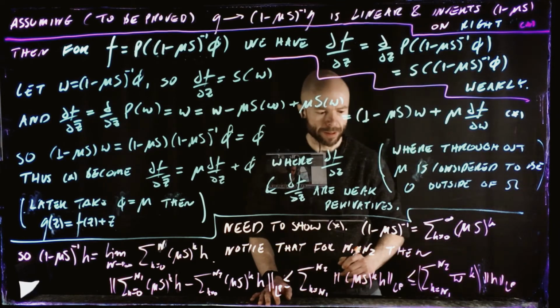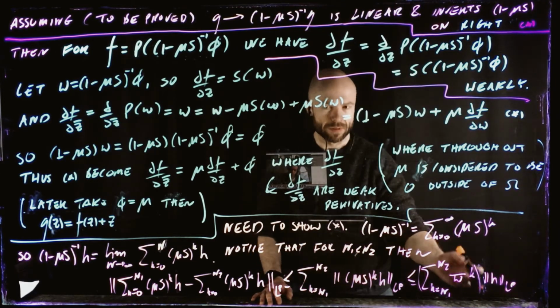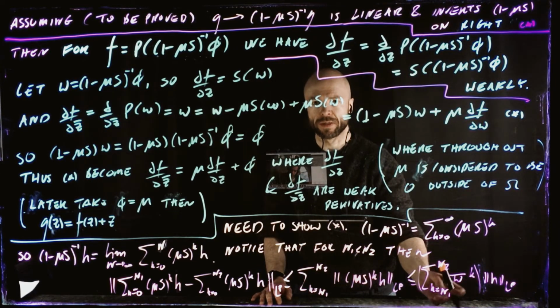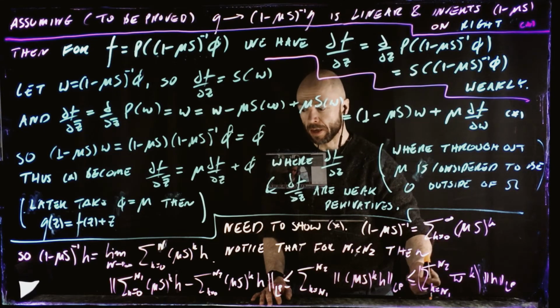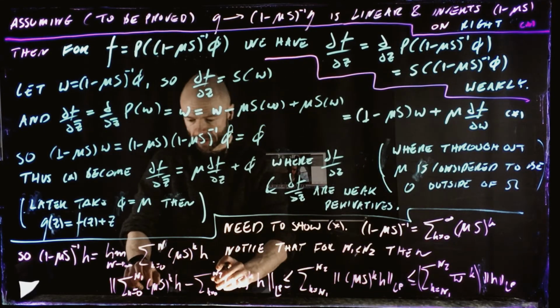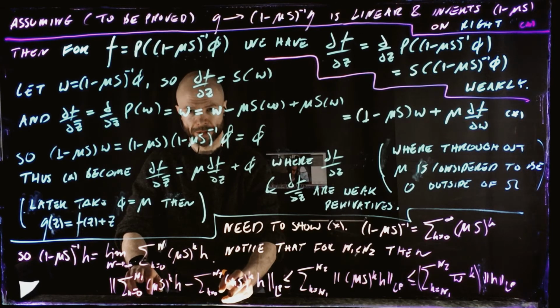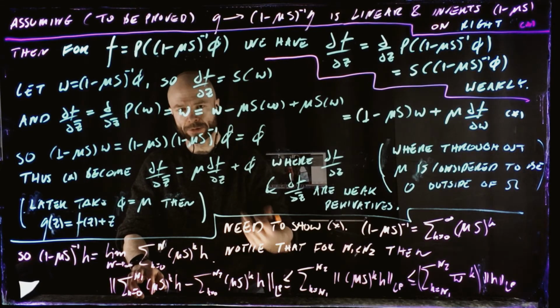Since omega is less than 1, this forms a Cauchy sequence as n1 and n2 go to infinity, and therefore this sequence of functions forms a Cauchy sequence in the Banach space, and therefore it does have a limit.